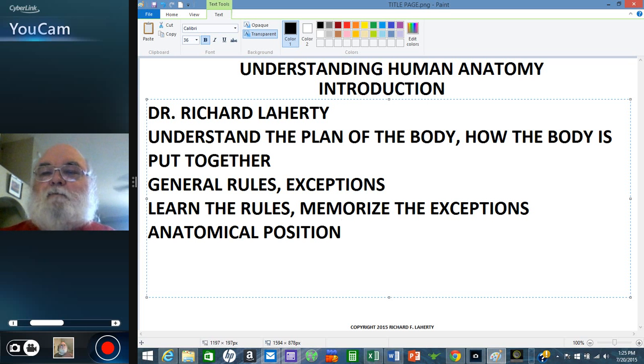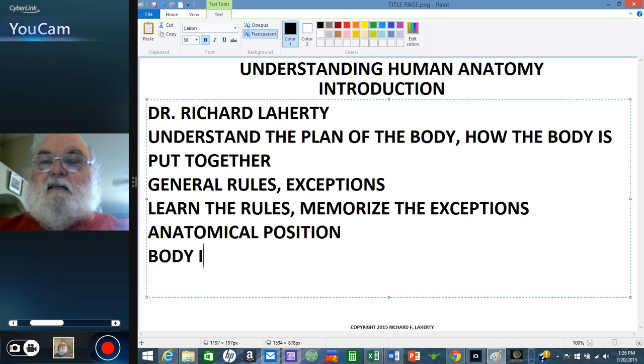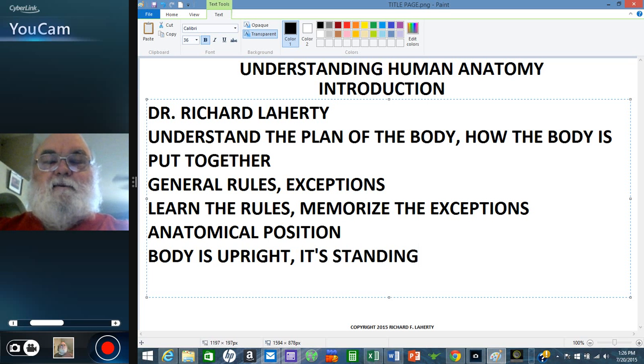So I'm not going to describe the full anatomical position, but I want to point out two important facts. The first is that in anatomical position, the body is upright. It's standing. Now, again, in an anatomy lab, you're not going to see a specimen standing. It's going to be laying on a table. It's going to be horizontal, not upright.